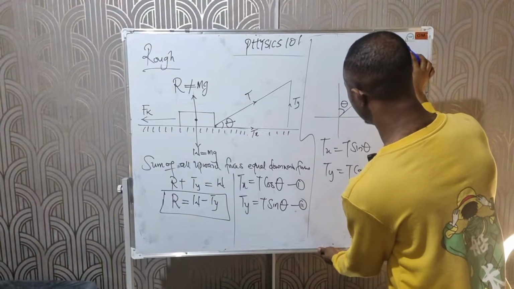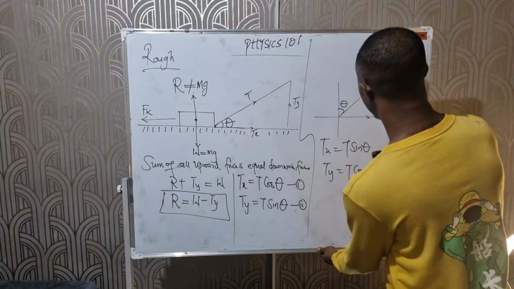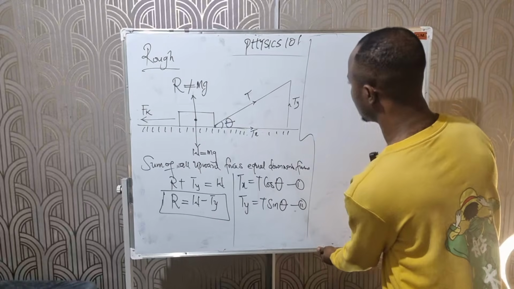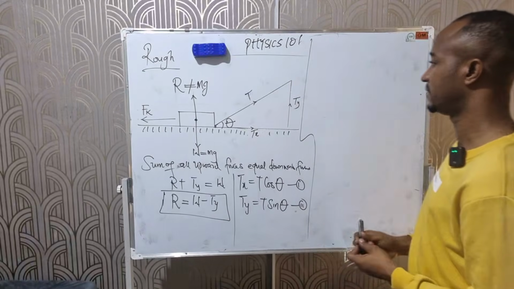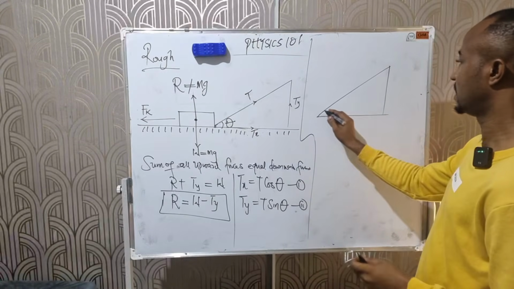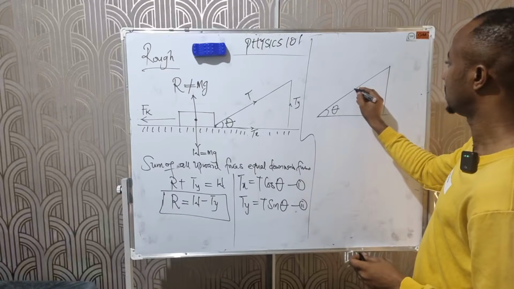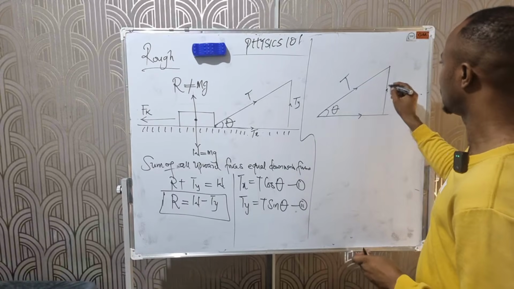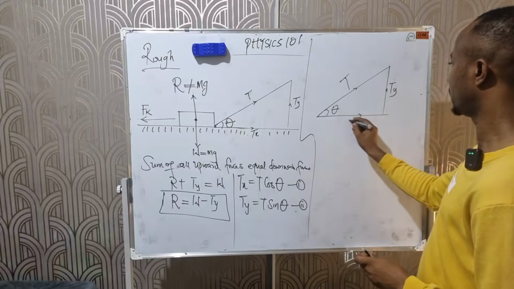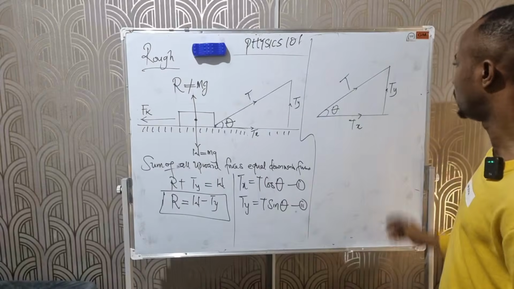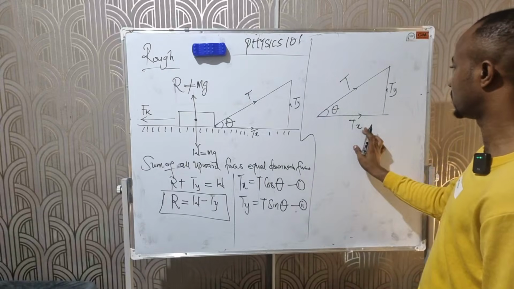For better understanding, let me show us something briefly. If I have this here, I have my angle of inclination. Here we have our tension, here we have Ty, and here we have our Tx, right? I want to resolve this force. I want to resolve Tx.